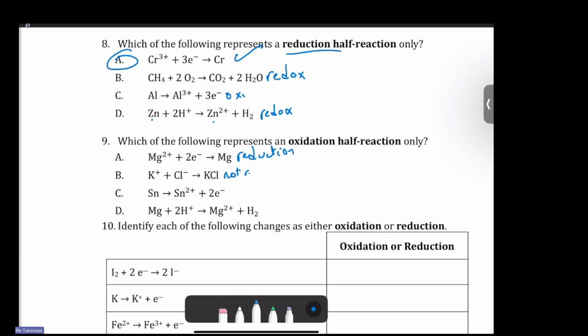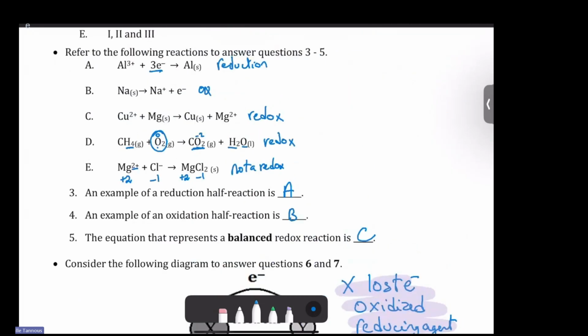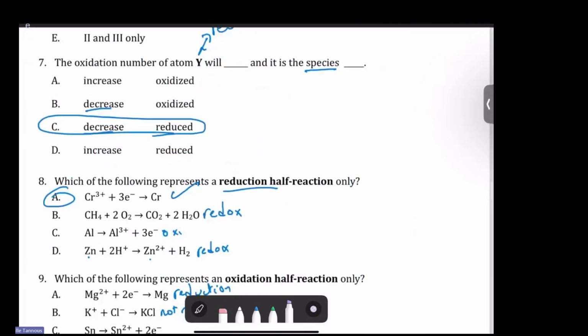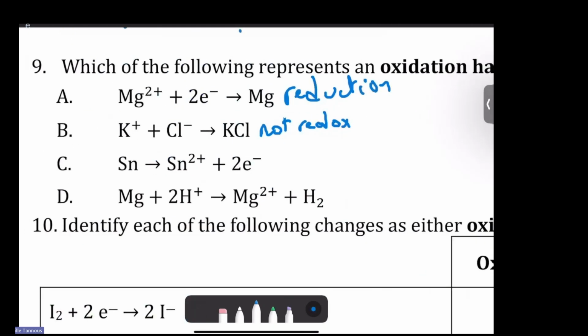Not a redox for the same reasons as this example. So not a redox. K was positive, still positive, no change. This is an oxidation, and this is a redox.